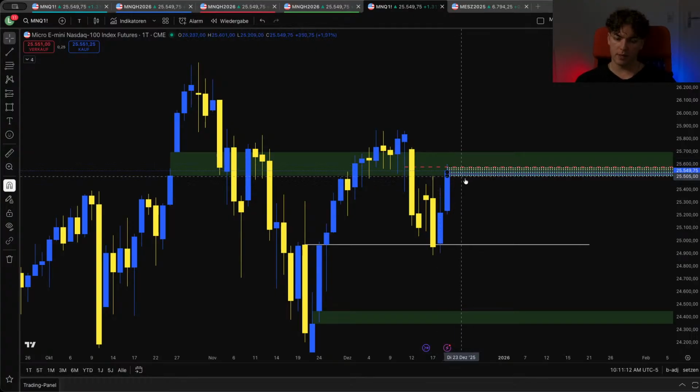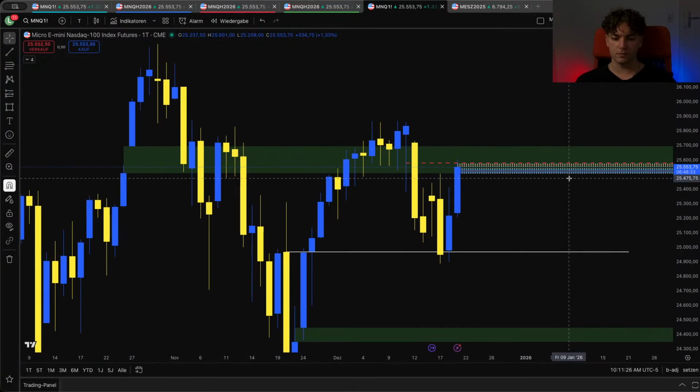So it definitely depends on how we are closing this day. If we close strong, then my bias would rather flip to bullish. If we close weak below this midpoint or even inside of this daily volume imbalance, and maybe close in here, create a wick, that in the end of the day maybe could be a wick.